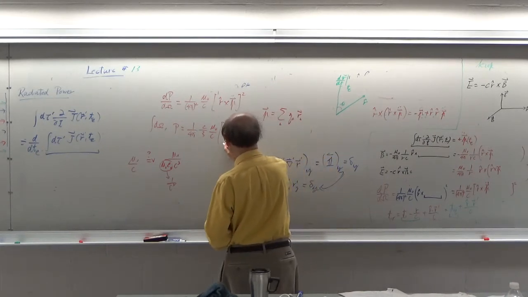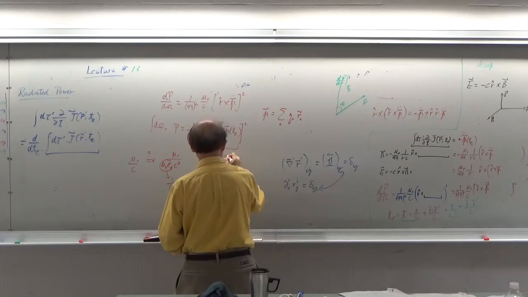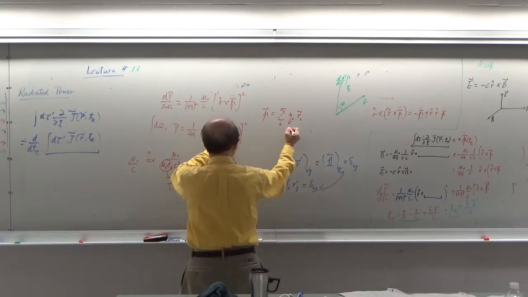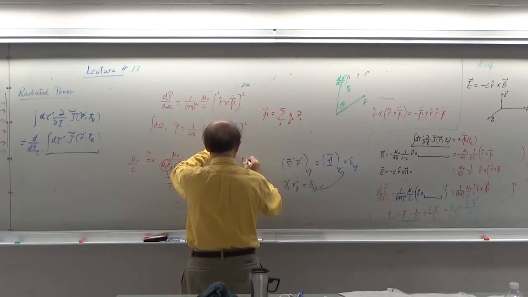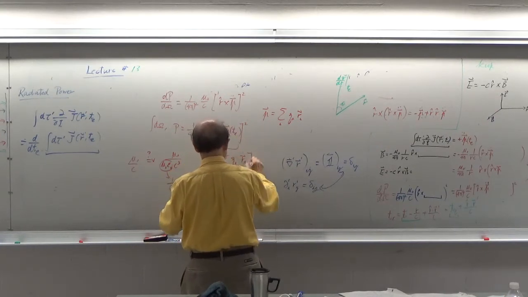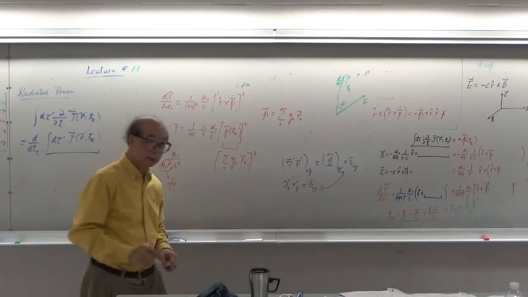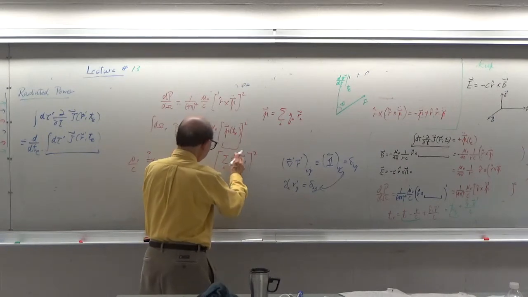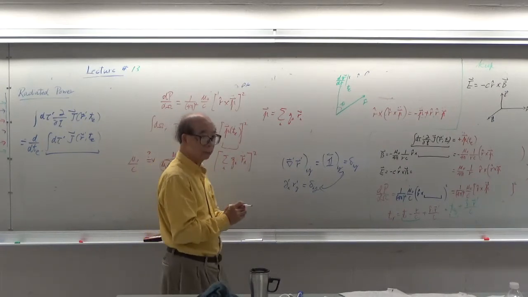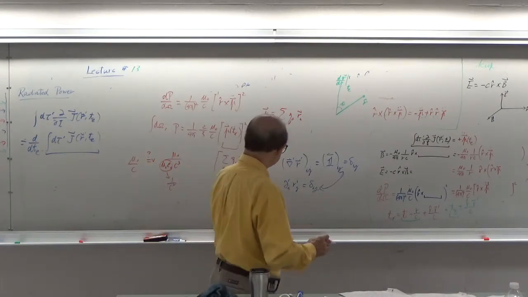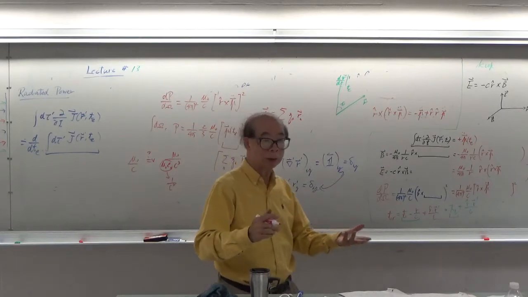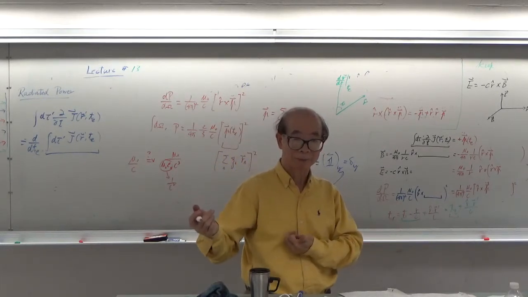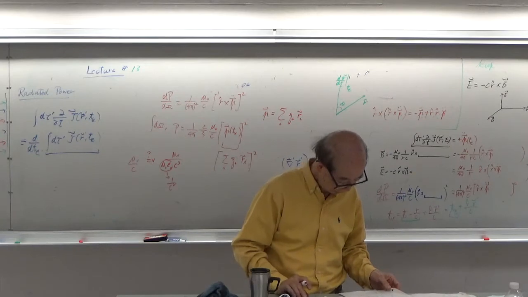And then this P double dot would be the sum over i of Qi Ri double dot, the whole thing squared. I would like to point out that it's the square of the sum of terms. That means that there will be interference between different particles. I just want to point it out.